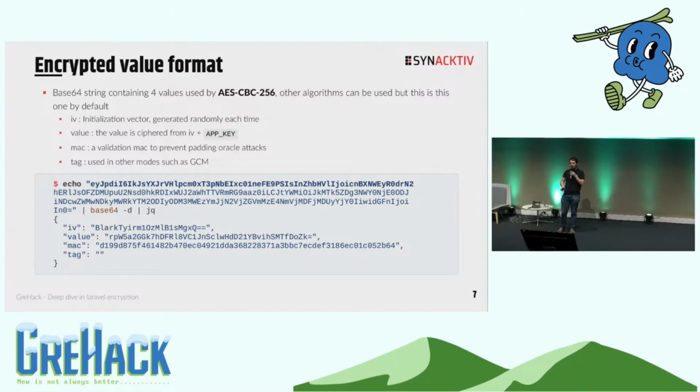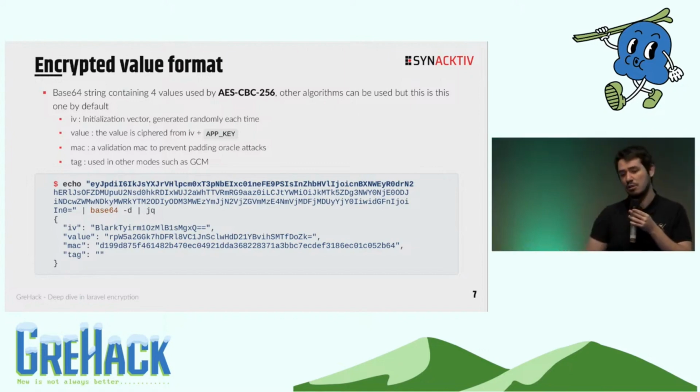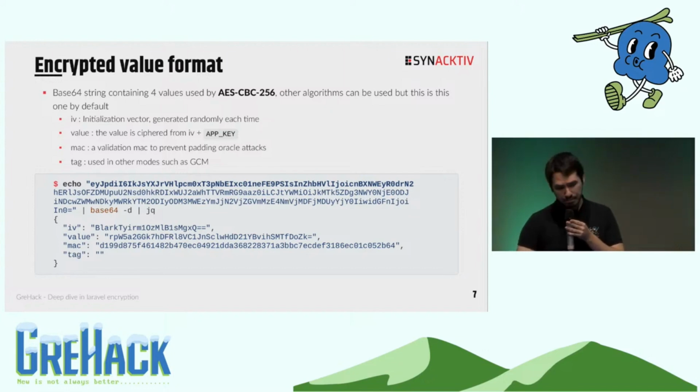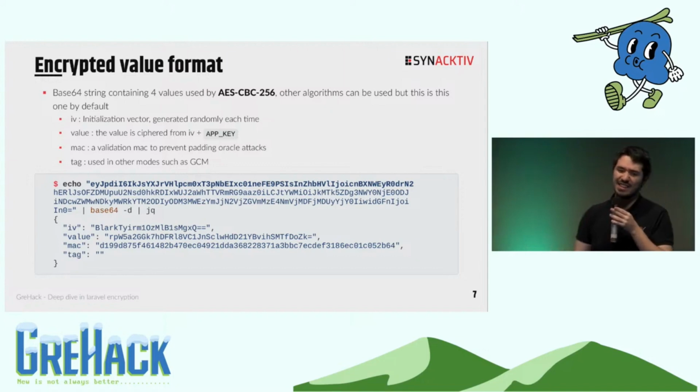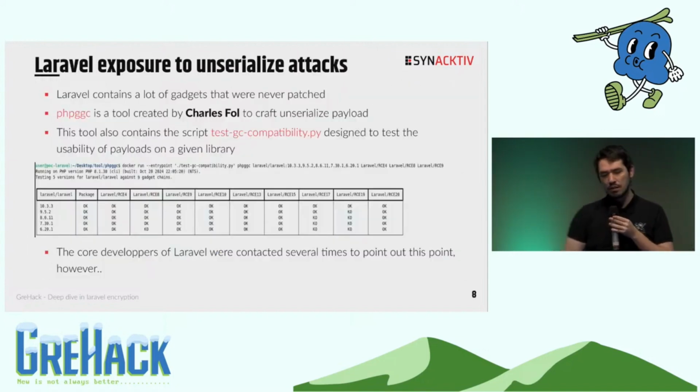There is a value which is ciphered with the IV plus the app key. And you have also a validation MAC in order to prevent padding oracle attacks, which this kind of encryption was weak to before a certain patch. And finally, you also have a tag, but this one is not really interesting. It's used in other AES modes such as GCM.